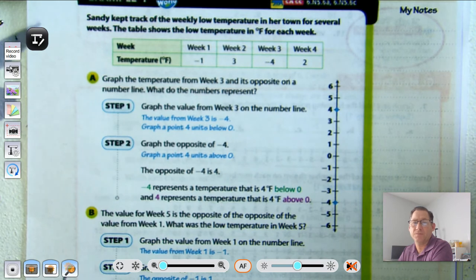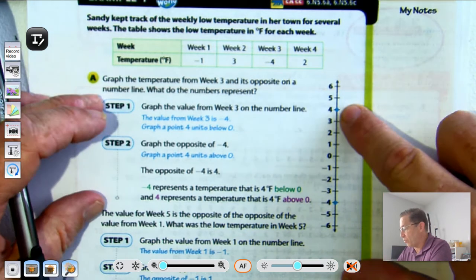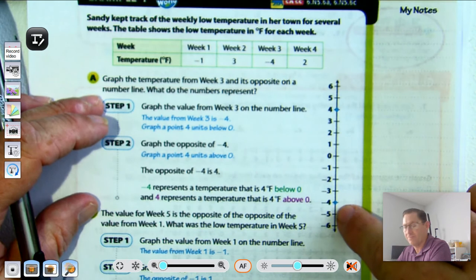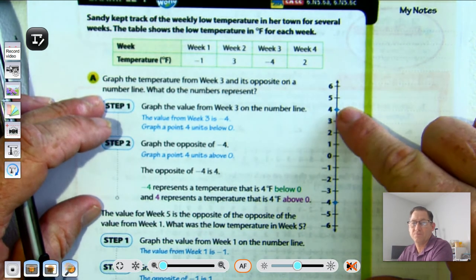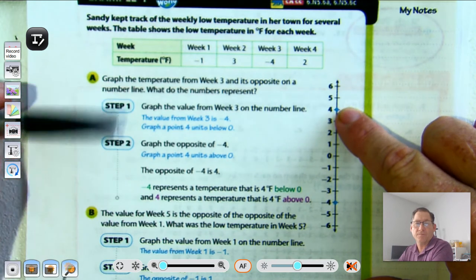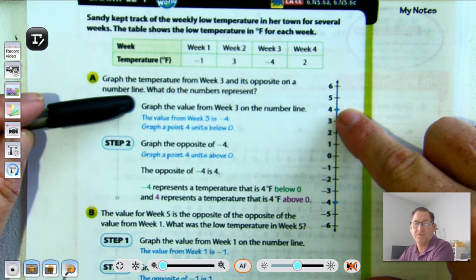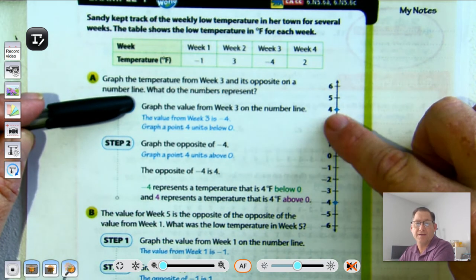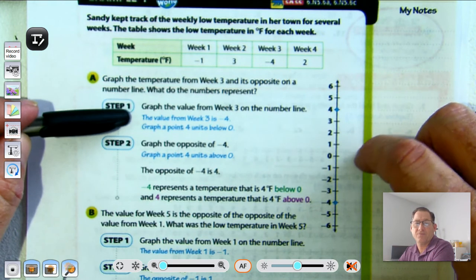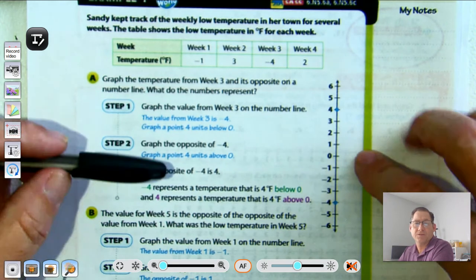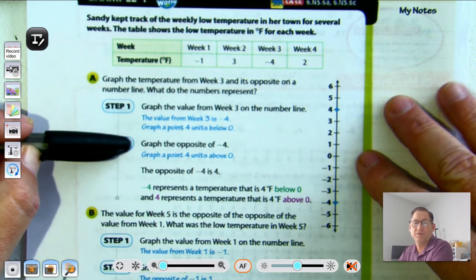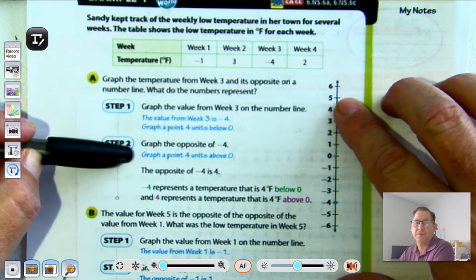What do the numbers represent? So we see 4 up here, and we see negative 4 here. Well, the temperature was negative 4. Its opposite would be 4. So if you graph the values, that's where they would be on the number line. And the value from week 3 is negative 4, and graph a point 4 units below 0. So graph the opposite of negative 4, graph a point 4 units above 0.